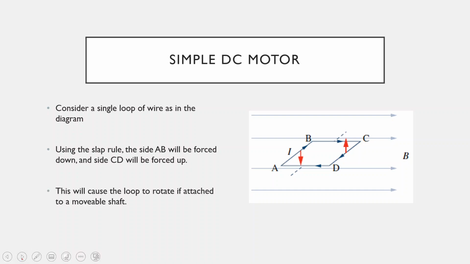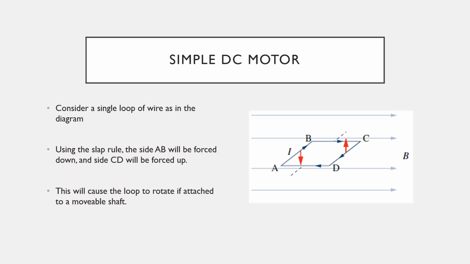Now, if your loop happens to be attached to this axis here, indicated by these dotted lines, your loop is going to begin to rotate. This side is going to get forced downwards, this side is going to get forced upwards. You can imagine your loop is going to start rotating in an anti-clockwise direction, according to this diagram.